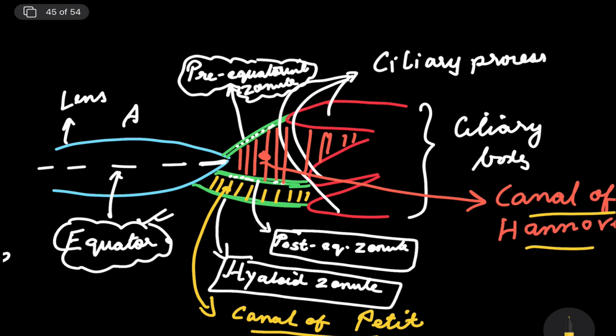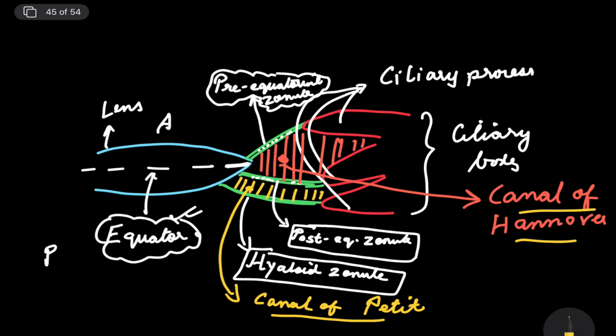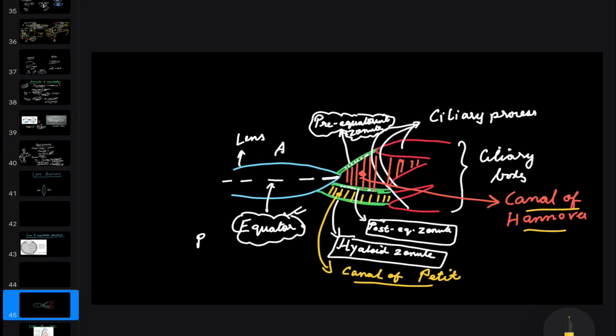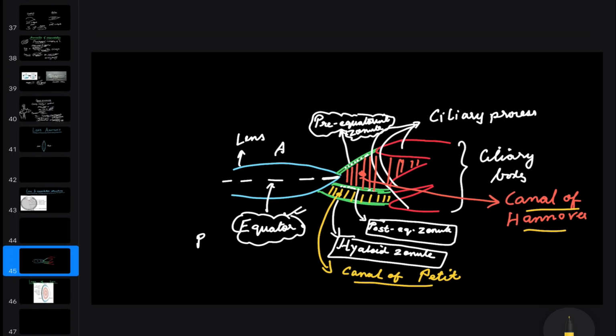The canal of Hanover is bound by the pre-equatorial zonules and the post-equatorial zonules, whereas the canal of Petit is bound by the post-equatorial zonules and the hyaloid zonules. As simple as that. Understood? So this was, in a little bit more detail, the structures associated with the lens.